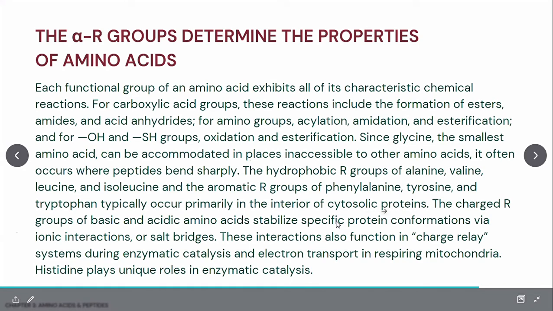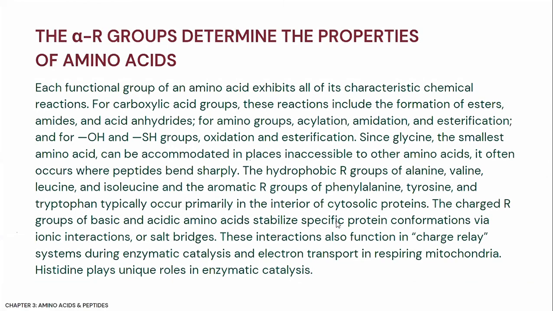Cytosolic proteins mean proteins inside the cell. Now, inside the cell is an aqueous solution, a water solution. We know that these amino acids are hydrophobic and do not like the water. So what do they do? They group together.